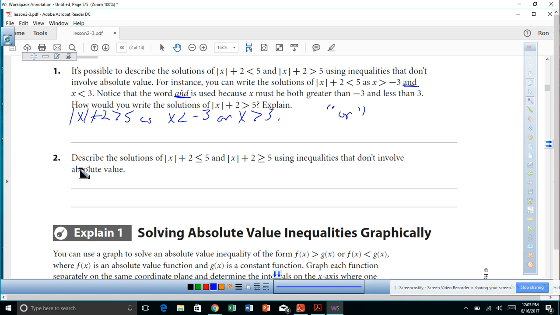So let's see, if we have the absolute value of x plus 2 is less than or equal to 5, we're going to say x is greater than or equal to -3, and x is less than or equal to 3. If we have the absolute value of x plus 2 is greater than or equal to 5, we're going to say x is less than or equal to -3, or x is greater than or equal to 3.